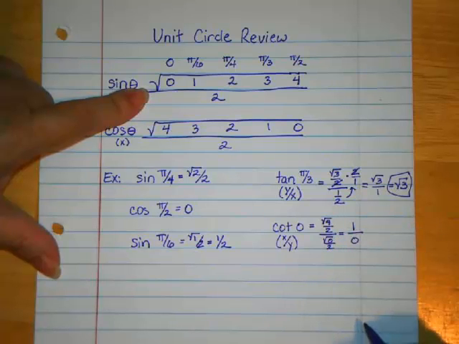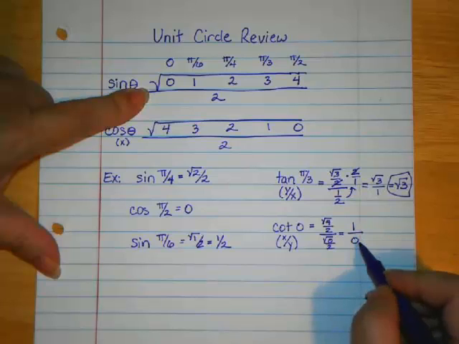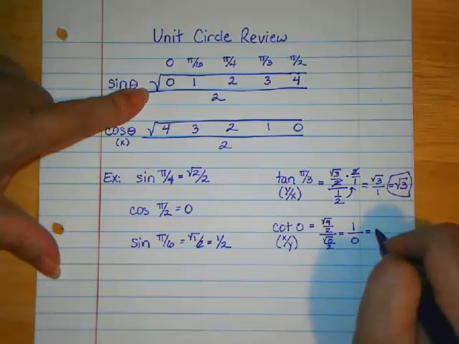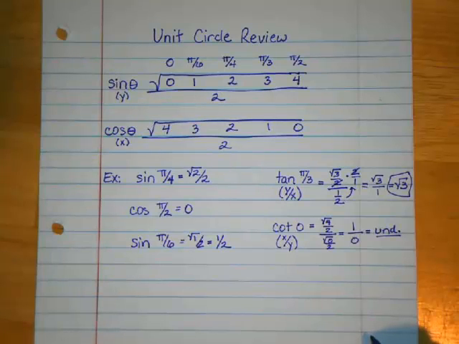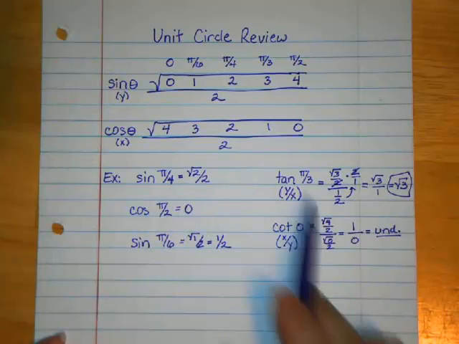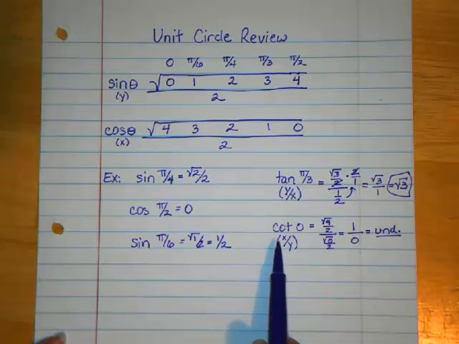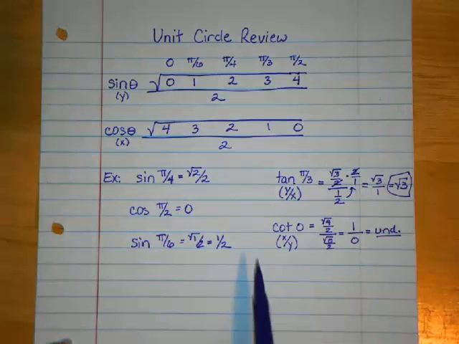Square root of 4 over 2, that's 2 over 2, which is 1. The square root of 0 is 0 over 2, which is 0. So since I'm down to 1 over 0, this is undefined.